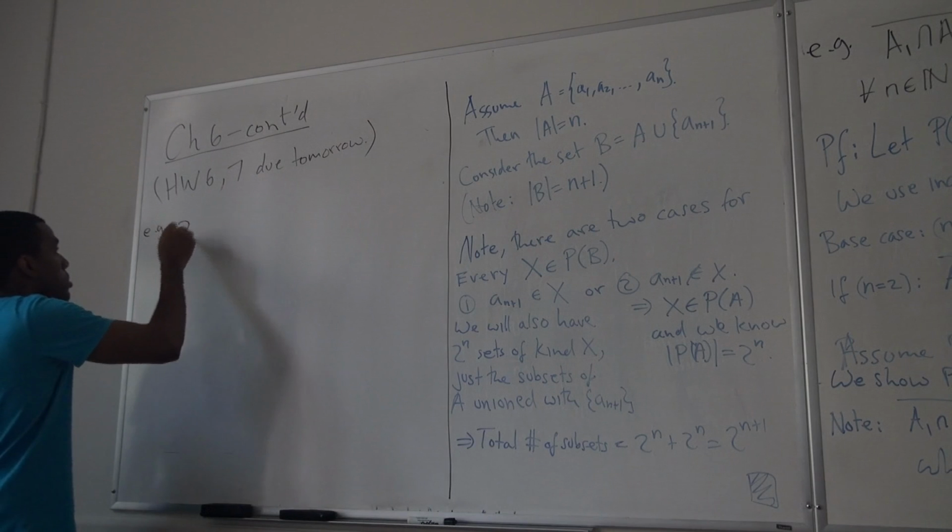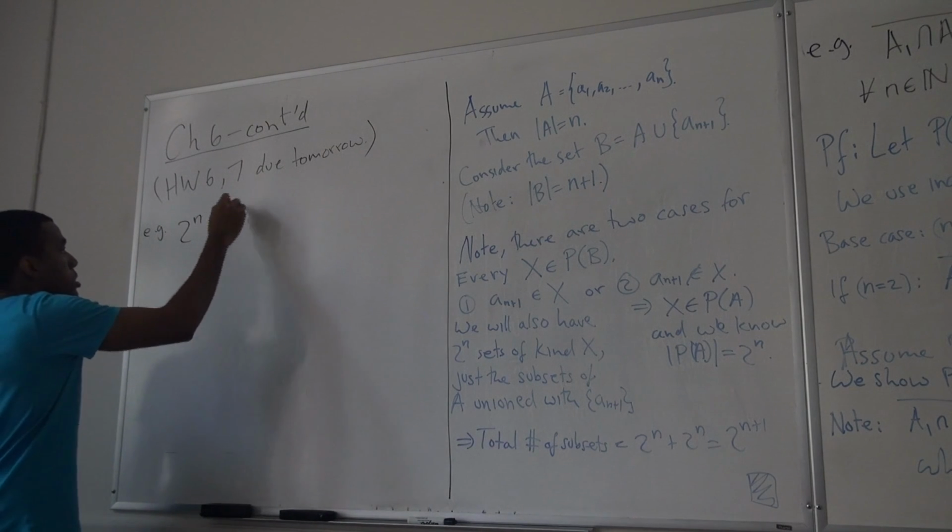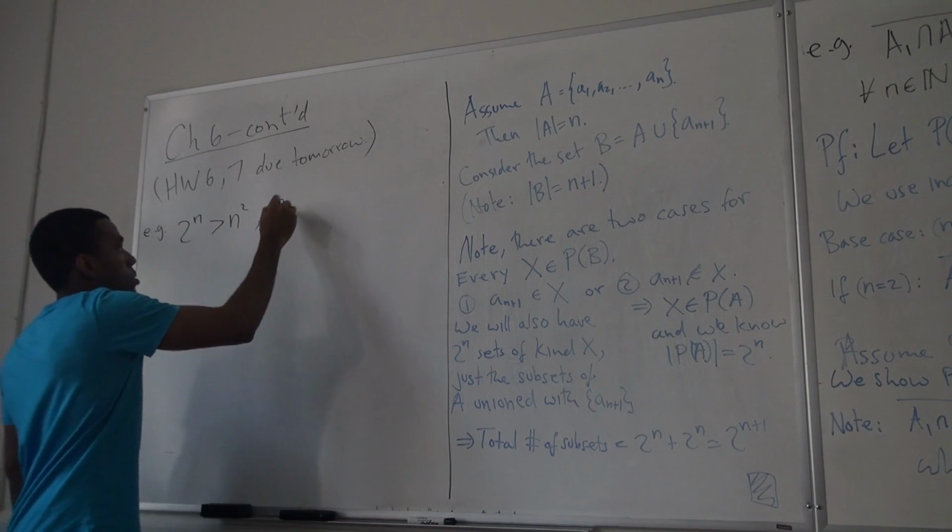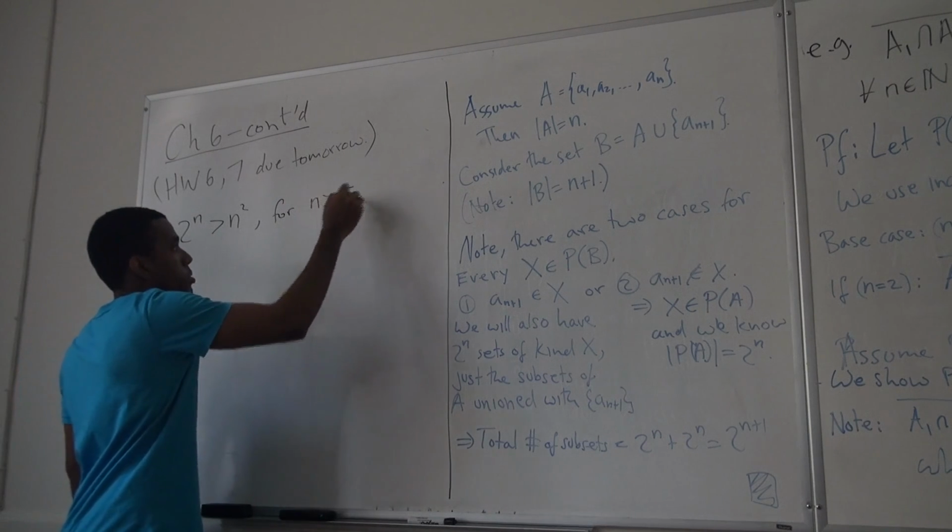Let's do this one. 2 to the n greater than n squared, for n greater than or equal to 5.